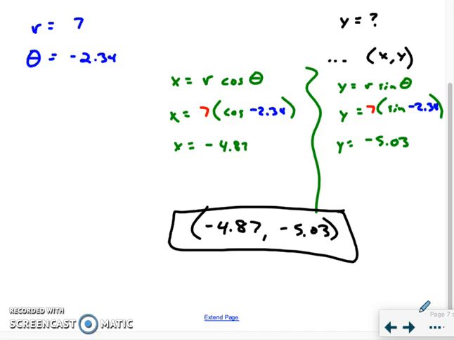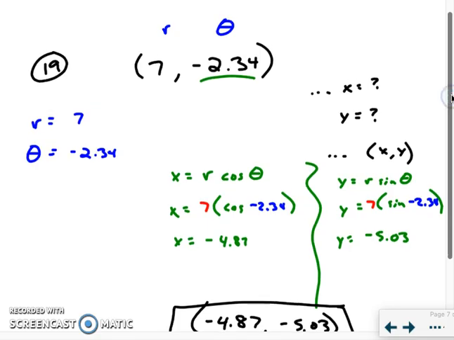Third quadrant. Could we figure out approximately, and again, this is all assuming that you have plenty of extra time on your test, which maybe you will, maybe you won't, but do you know on a circle where negative 2.34 radians is? I would assume most of us would answer probably not to that.